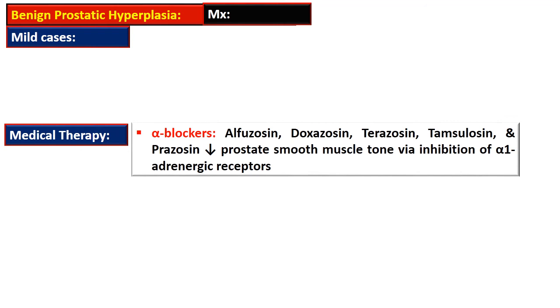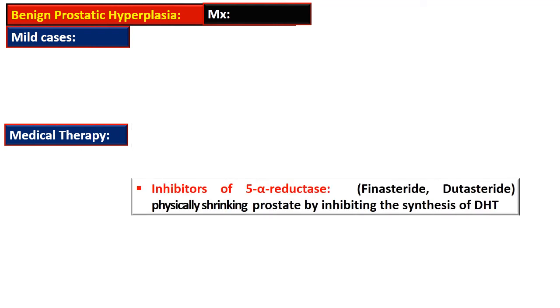One is the alpha blocker and the other is the blocker of the enzyme involved in the pathogenesis, the enzyme 5-alpha reductase. The alpha-1 blockers are alfuzosin, doxazosin, terazosin, tamsulosin and prazosin, and they decrease the prostate smooth muscle tone via inhibition of alpha-1 adrenergic receptors, while the inhibitors of 5-alpha reductase are finasteride and dutasteride.